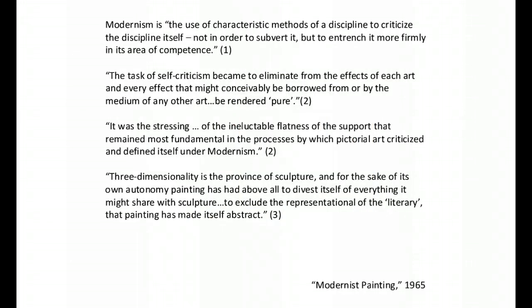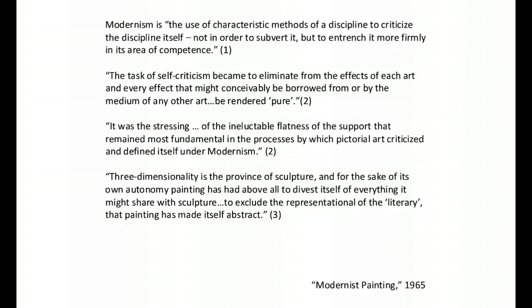Here are a few quotes from his work. "Modernism, the use of a characteristic methods of a discipline to criticize the discipline itself." So in other words, a painting is using its flatness to talk about the idea of a painting, or to criticize the thing.